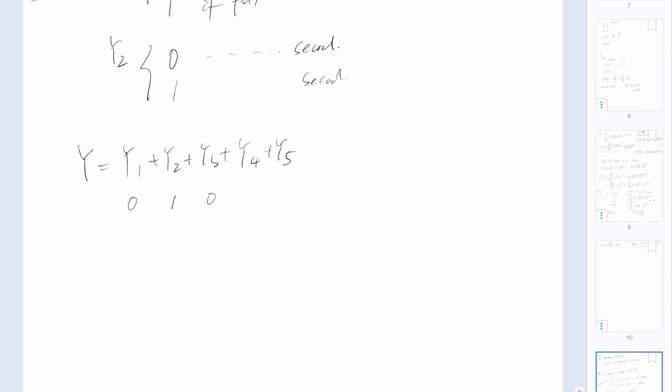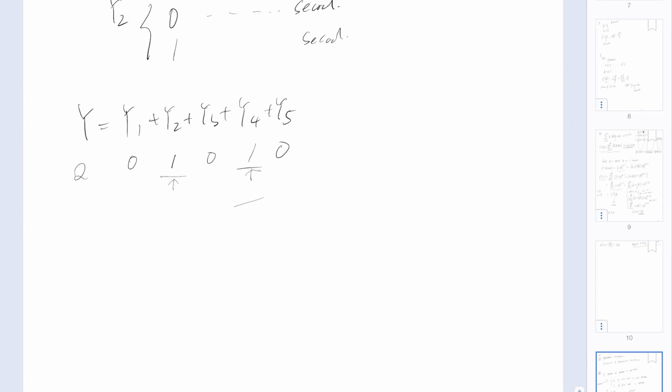The first one is not. The third one is not. The fourth is a queen, and the fifth is not a queen. So you got 2 queens, the second card and the fourth card, and that means y equals 2, and that means in your hand there are 2 queens, which makes perfect sense. So that's called the method of using indicators.